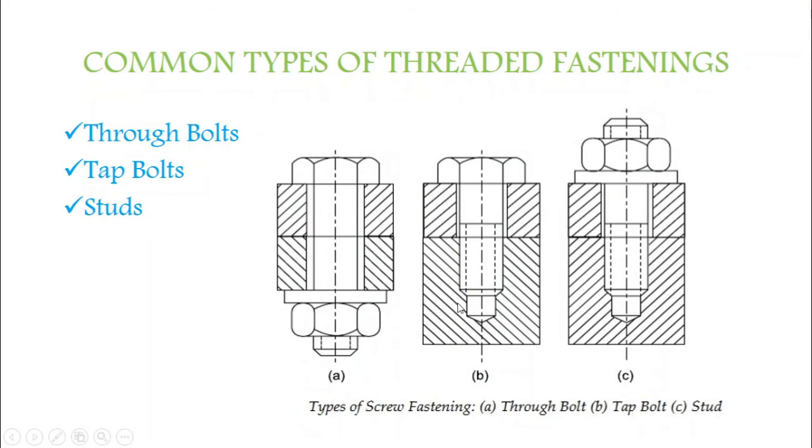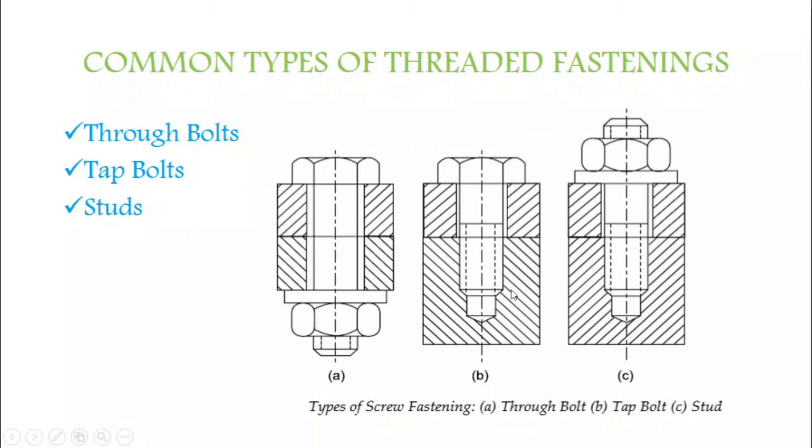In this case the material is weak because we are not making the thread in the hole. But here one of the parts is thick, and one of the parts is very thin. In the second part we can make the threaded hole. In this condition we are using the tap bolt.